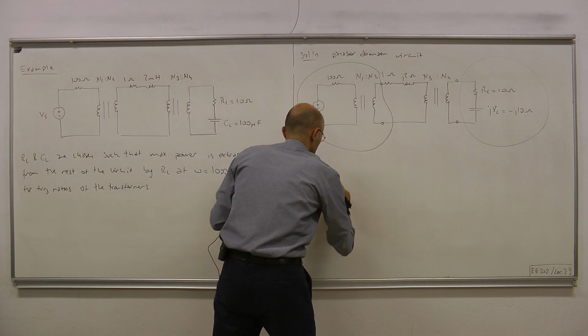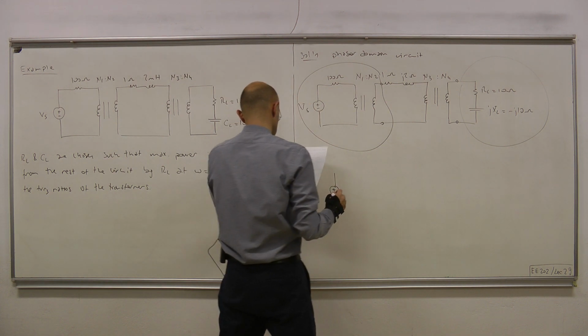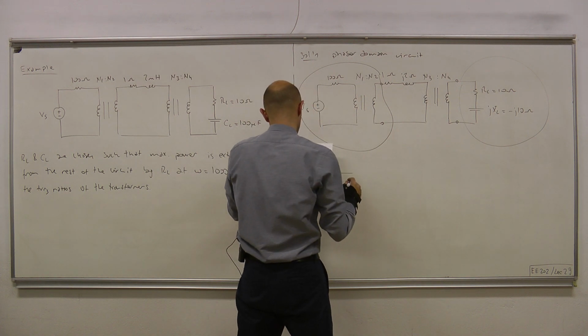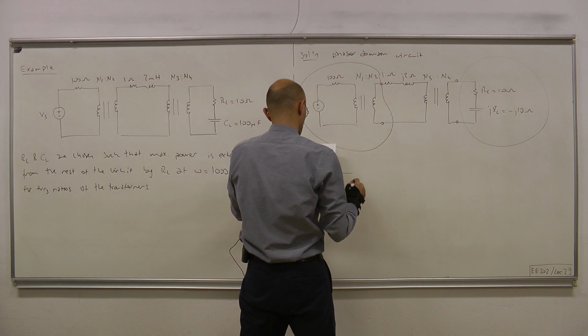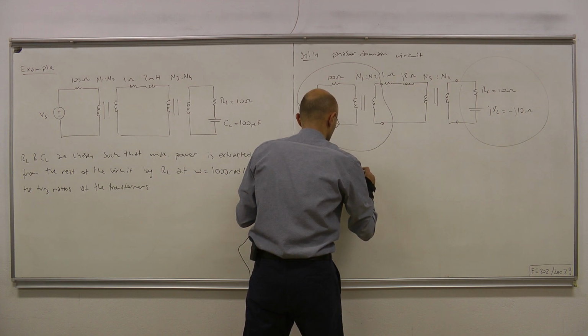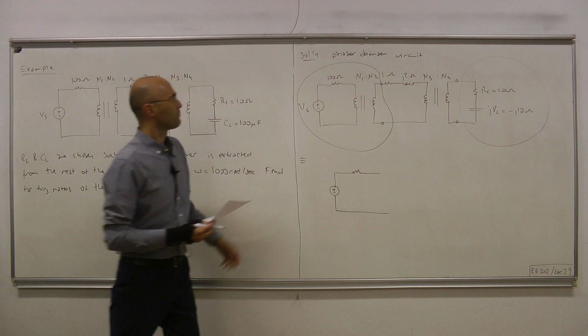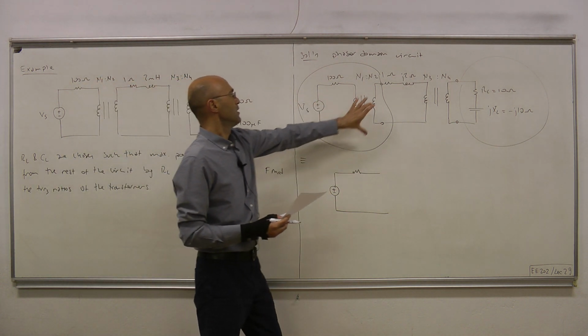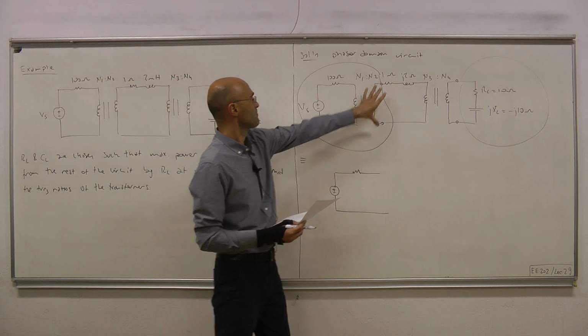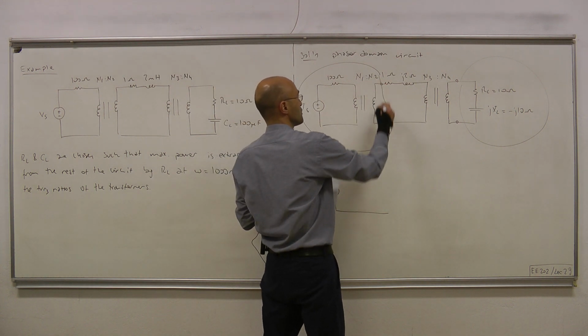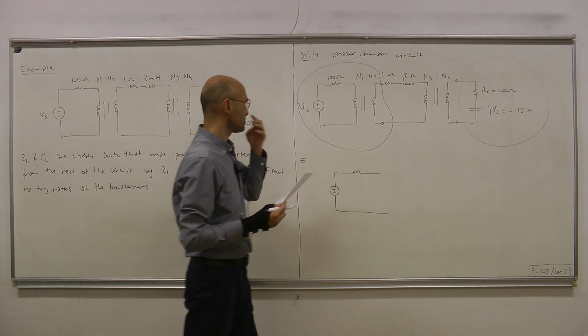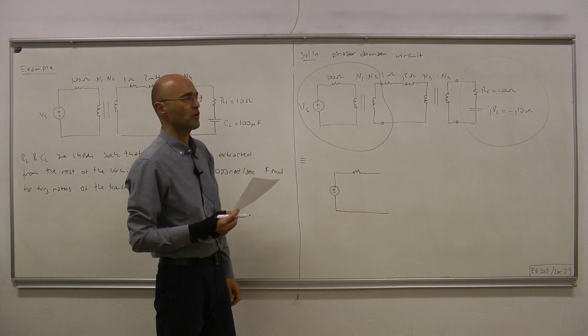Here we have Vs, and here we have the resistor. To find this voltage, we're talking about the Thevenin equivalent circuit seen from this pair of terminals. What you do is compute the open circuit voltage.